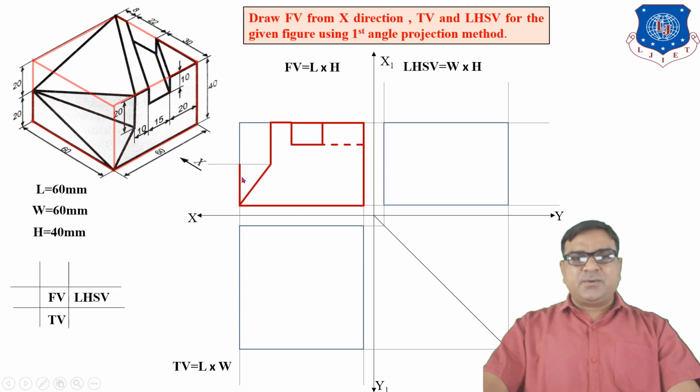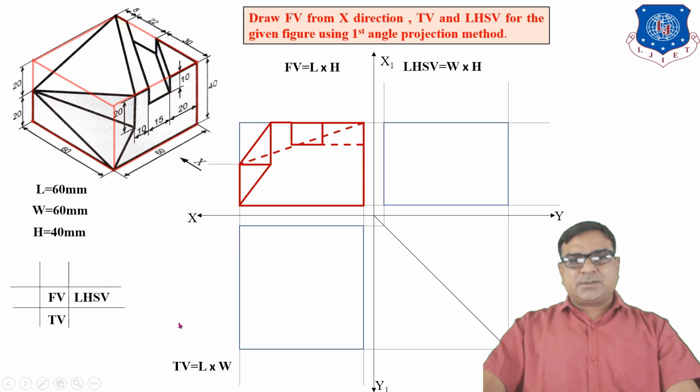So its front view is a horizontal line, and for this line, start from here and end 20 mm above base. So this triangle is the front view for this surface, and this triangle is the front view for this surface.